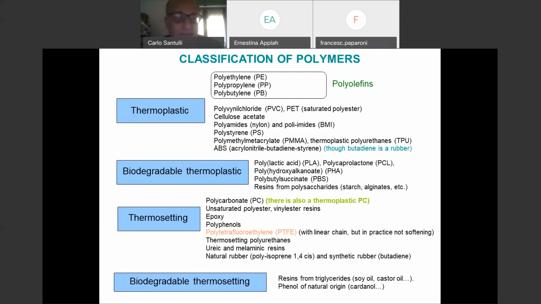Then you have rubber, natural rubber, which is a thermosetting, although it's less cross-linked than the normal thermosetting, like the epoxy. Then there is Teflon, the polytetrafluoroethylene. Teflon has a linear chain, but it doesn't reach enough energy, even with quite a high temperature.